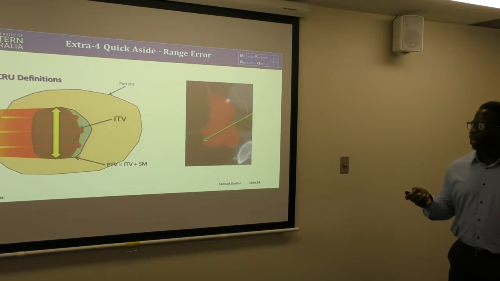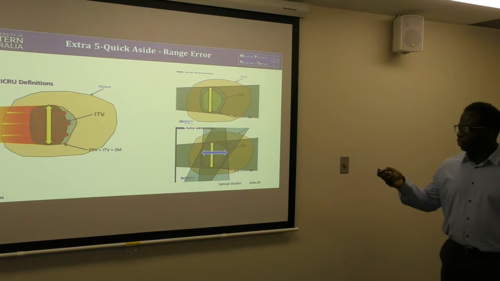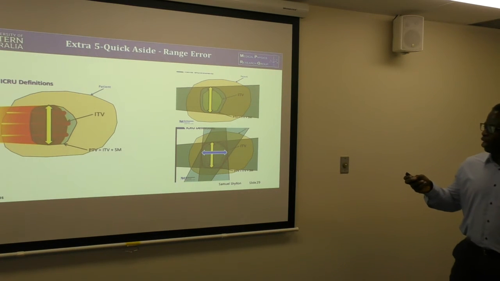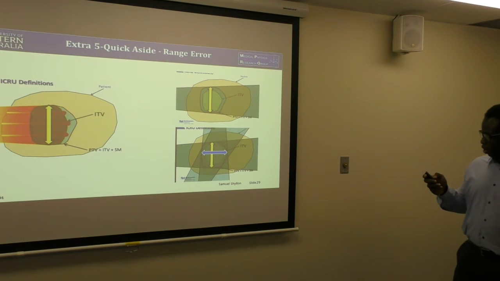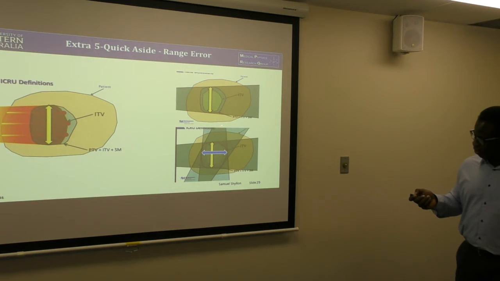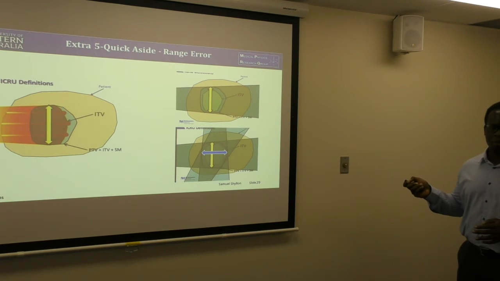So when we specify the margins, if you can see here, in photons the beam just goes through.